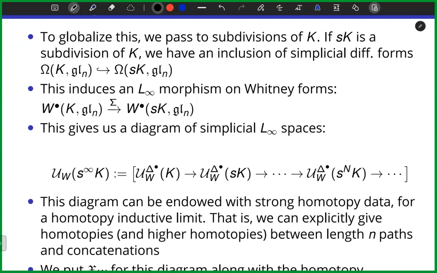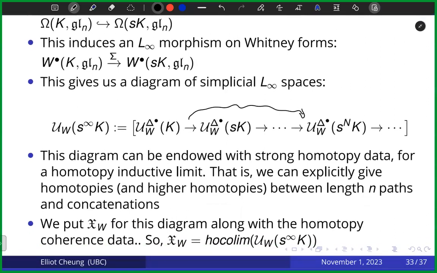Explicitly, that means you can look at length n paths in this diagram and all their concatenations. So we can explicitly provide homotopies between all these length n paths and their concatenations. So you put this ex w for this diagram with all its homotopy coherence data. This thing represents the ho-colim of this diagram.